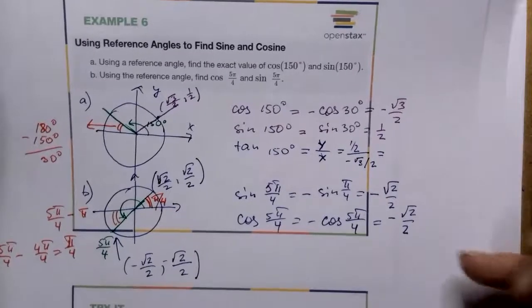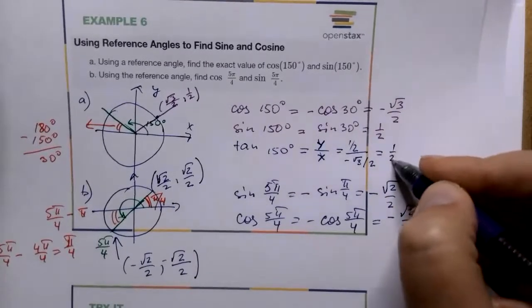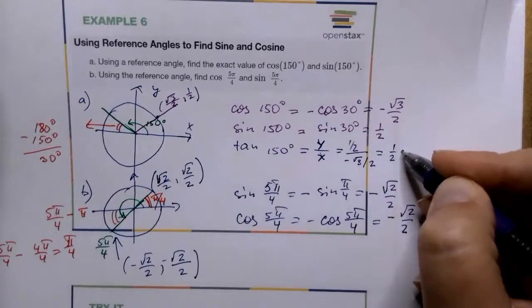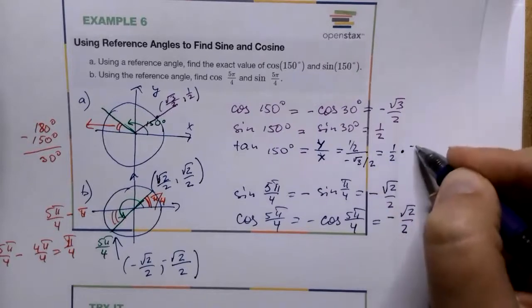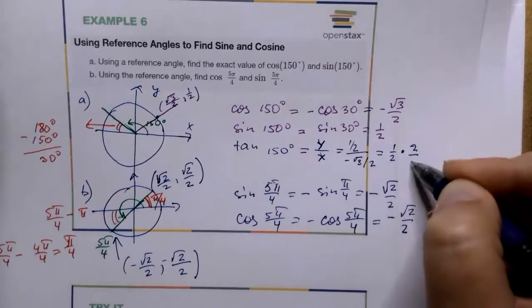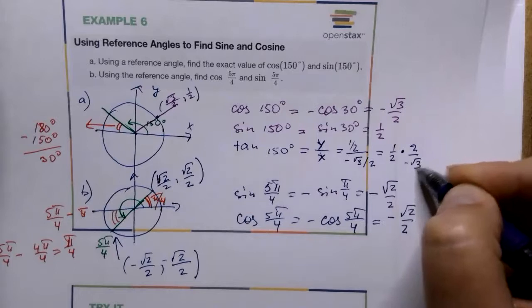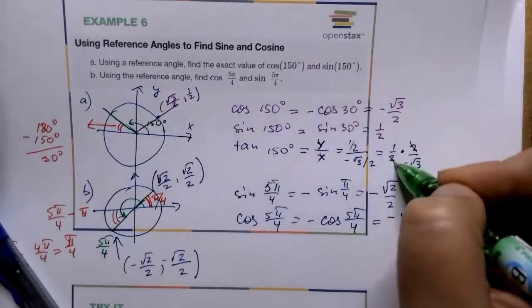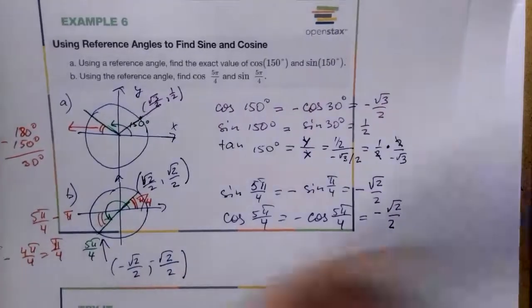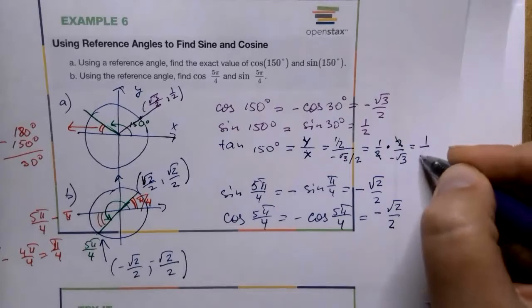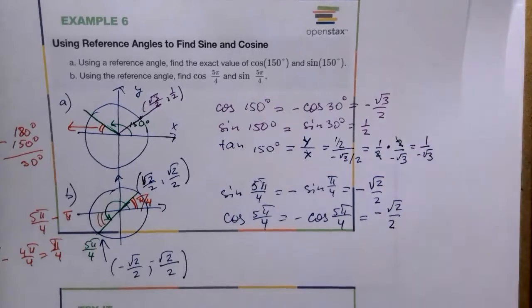How do we divide fractions? It's the first one, and then division turns into multiplication, and we flip the fraction. So 2 goes on the top, and negative root of 3 is on the bottom. And then 2 and 2 are canceled out, and we're left with 1 over the negative root of 3.